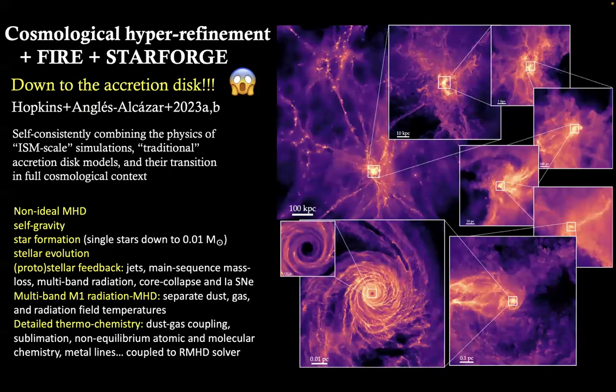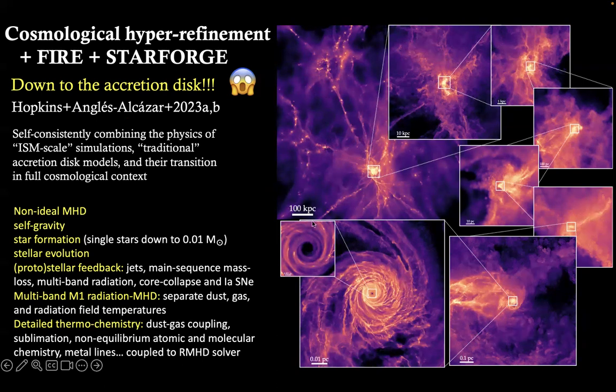Now, a very quick word about how much we can push this idea of hyper-refinement. The idea is that at some point, we could hyper-refine enough to actually see the intrinsic accretion disk. This is what we've been trying more recently, after a lot of development.